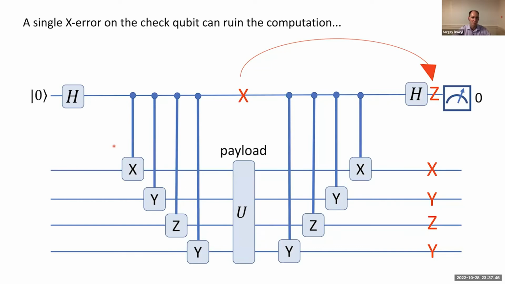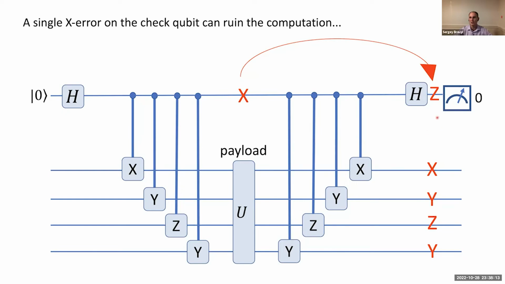Now, because the Pauli check circuit is not fault tolerant in the usual sense, a single Pauli error can propagate badly and completely ruin the computation. And here I show an example where a Pauli X error on the check qubit propagates to a high weight error on data qubits.